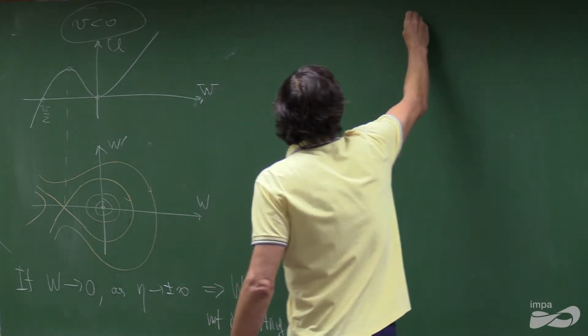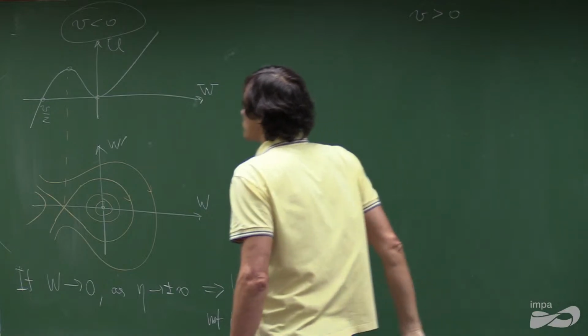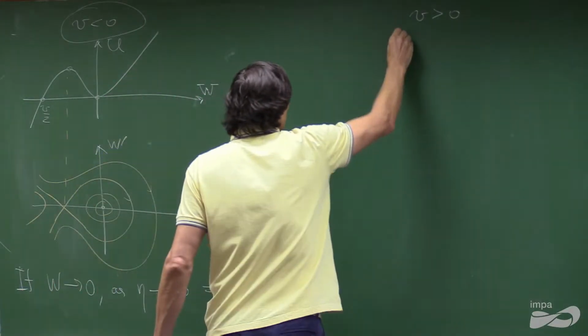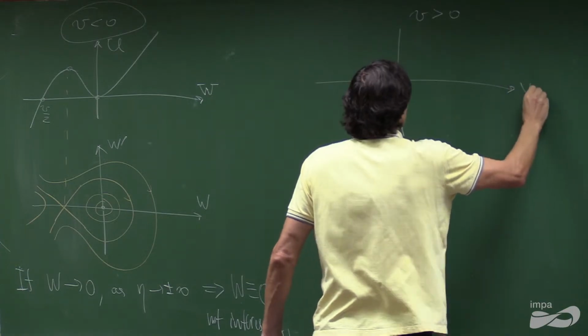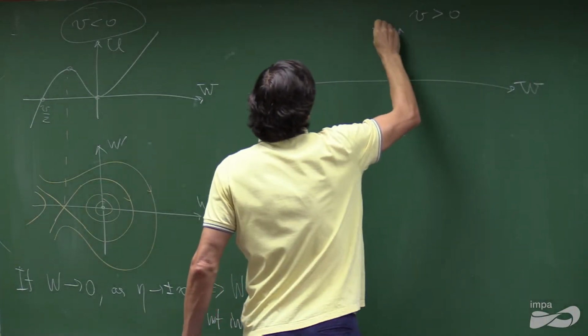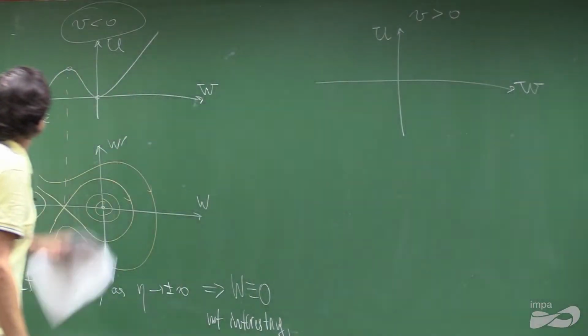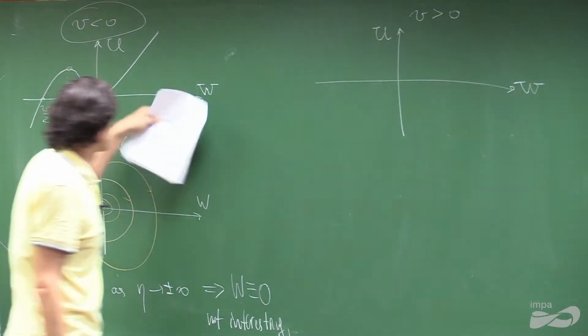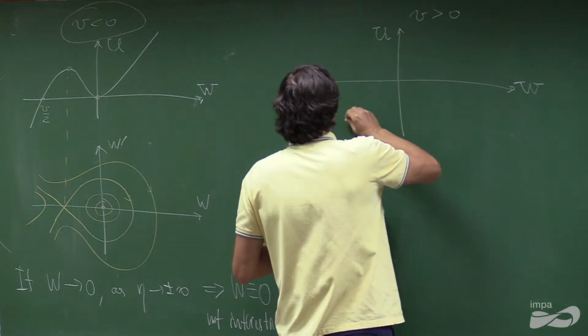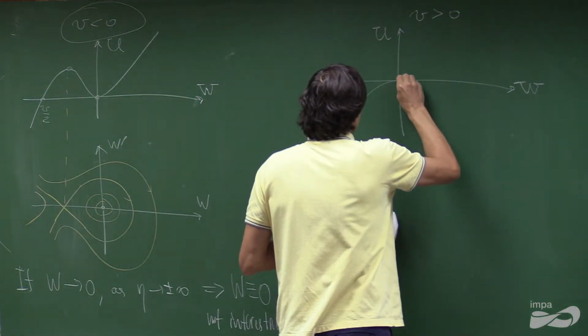So that means that we should consider v positive. And if v is positive, then our effective potential has this root on the right. And now it has this shape.